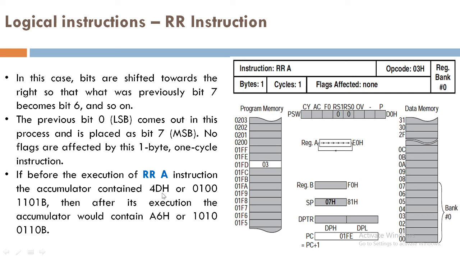Now if we rotate this towards the right, what you will get is 1010 0110. That means the rightmost, the least significant bit 1, will be pushed into the most significant bit, and the other bits will be shifted towards the right by 1 bit position. So the new value is 1010 0110, which is nothing but A6 hex.